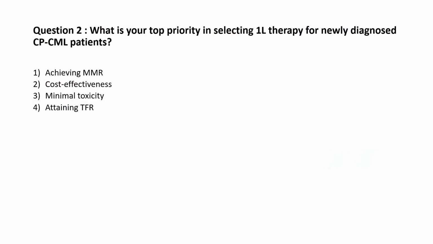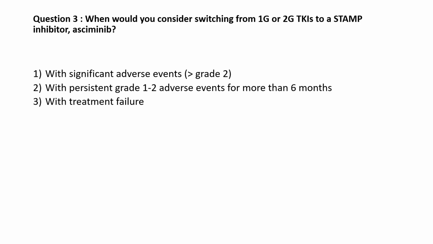Okay, good. Let's move on to the next question. Can you advance? Okay, so would you consider switching from first gen or second gen TKIs to a STAMP inhibitor, asciminib, for patients with significant adverse events greater than grade 2, with persistent low-grade events, grade 1 to 2 for more than 6 months, or with treatment failure?